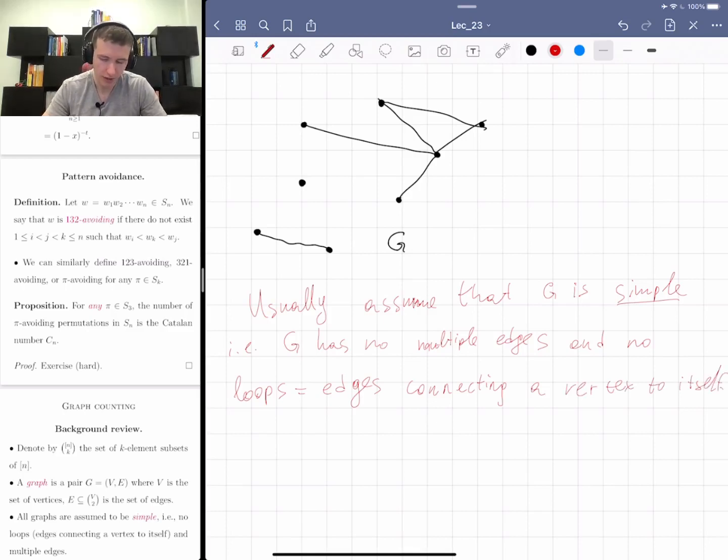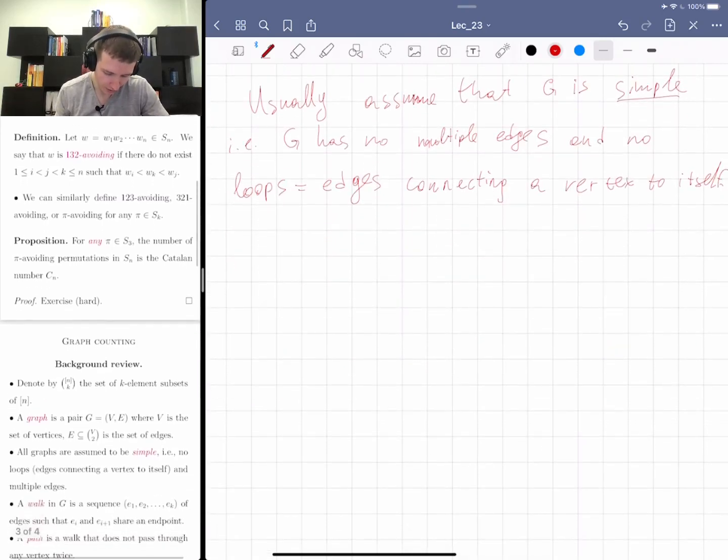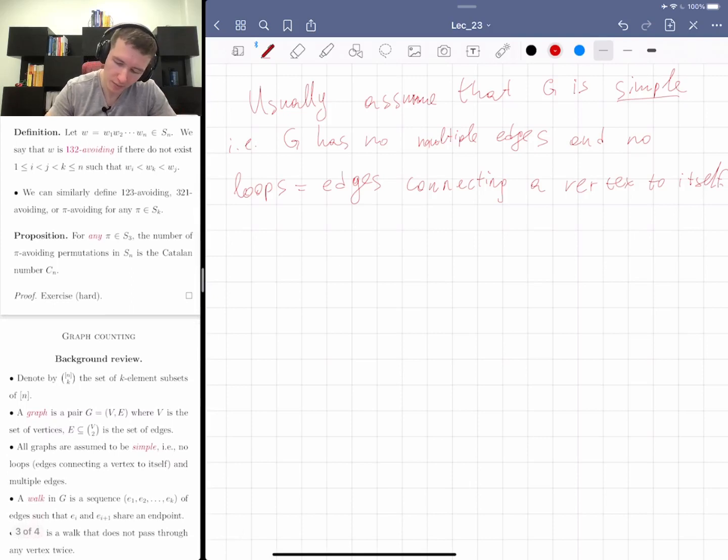All right, and now let me mention there is a whole bunch of definitions, which I may or may not use. So there's a walk and a path.